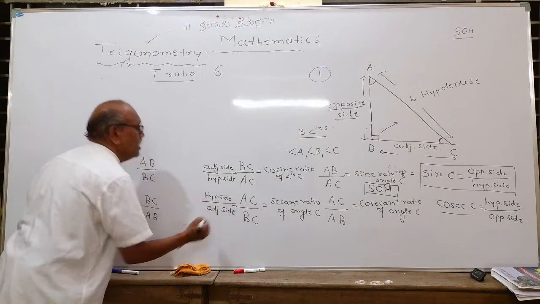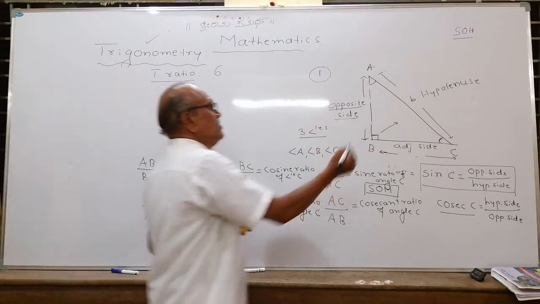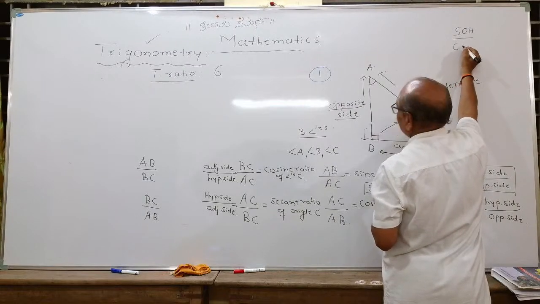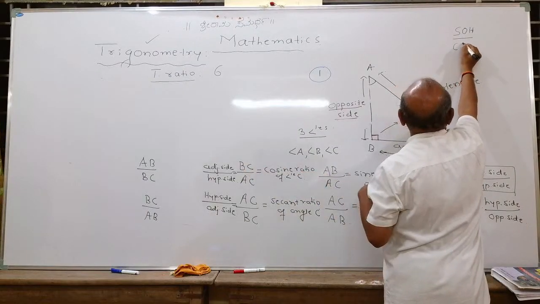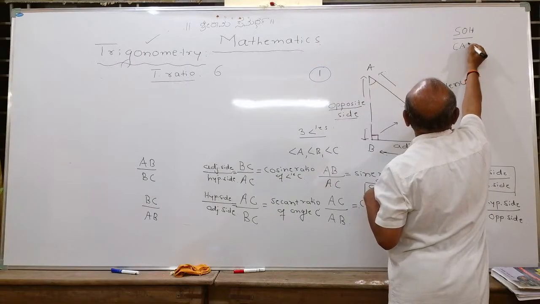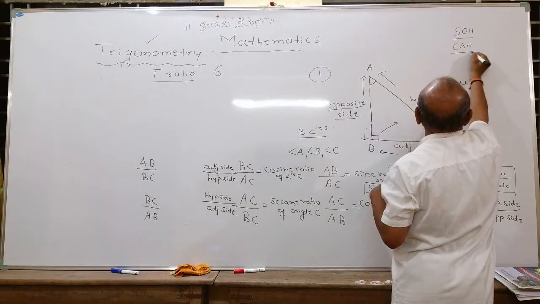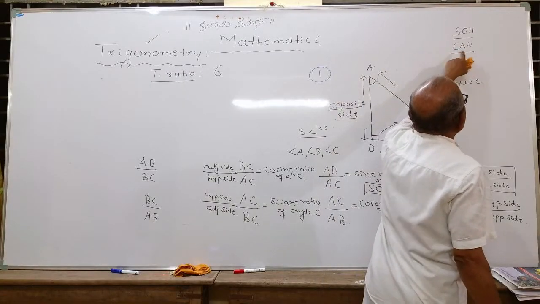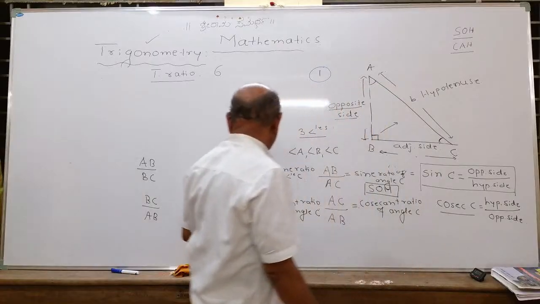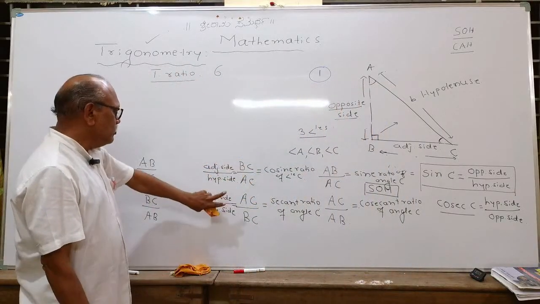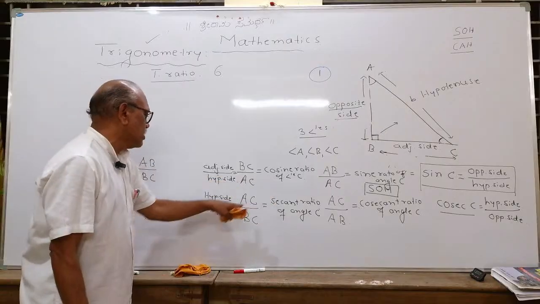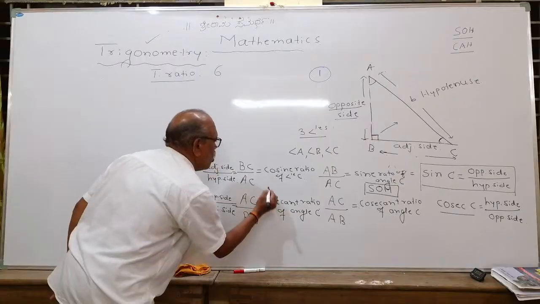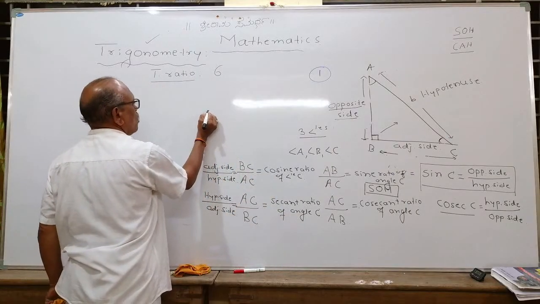To remember it, you can use the shortcut: the cos ratio is adjacent upon hypotenuse. Remember it as CAH. SOH means sine is opposite upon hypotenuse, and cos is adjacent upon hypotenuse. Its reciprocal you need not remember; just take the reciprocal and you will get the second ratio.